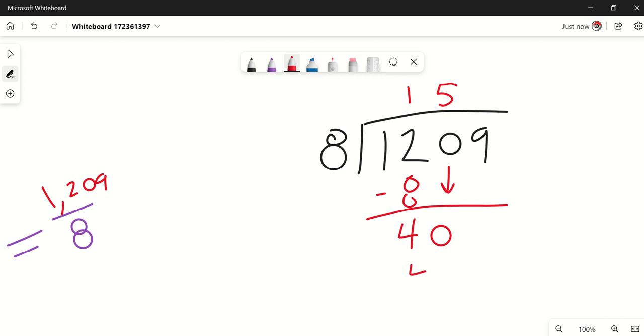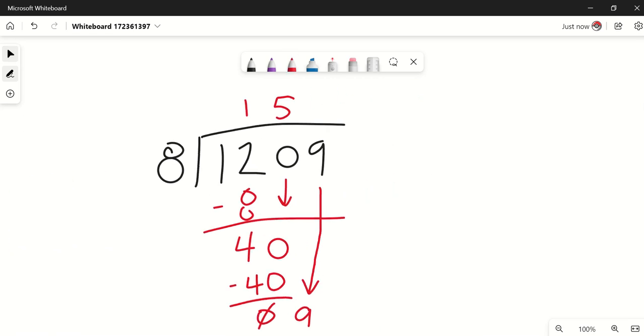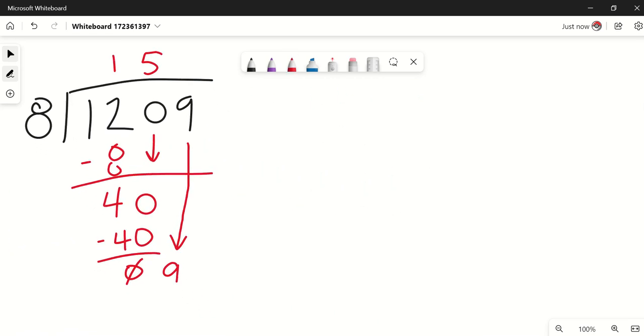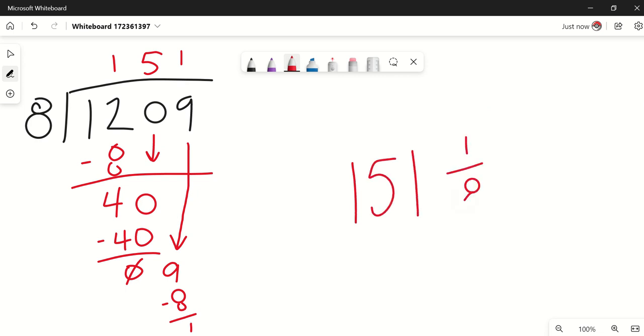That will equal 40. I will have nothing left over, but I still have another number that I'm going to bring down, and that's 9. I'm going to drag this over here and lift this up a little bit. 8 will go into 9 one time. That'll be 8. I'll have 1 left over. My answer should be 151 and 1/8.